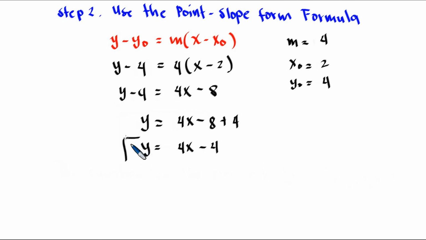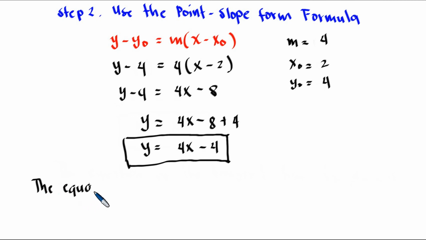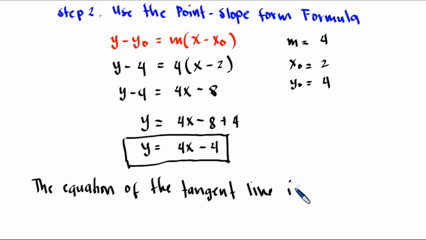And this is now the equation of the tangent line. So in conclusion, the equation of the tangent line is y is equal to 4x minus 4.